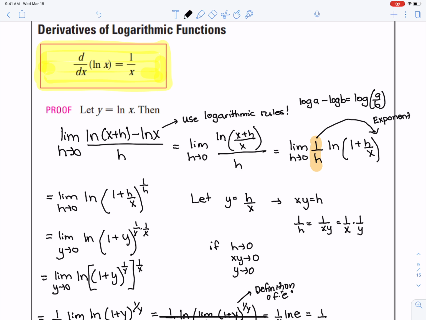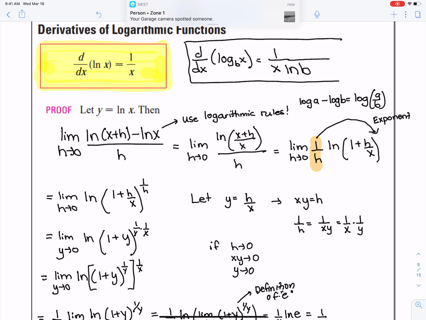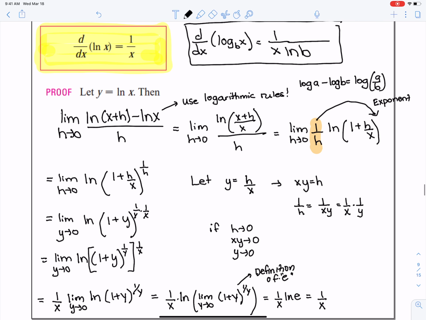And I could also prove that the derivative of log with some base b of x would be 1 over x, just like the ln function, but we have this added term here, which is ln of b. Now, I'm not going to prove either of these results. I have written the proof out here for you to look at, and it's also on one of the videos I've attached on Khan Academy for you to watch as well.